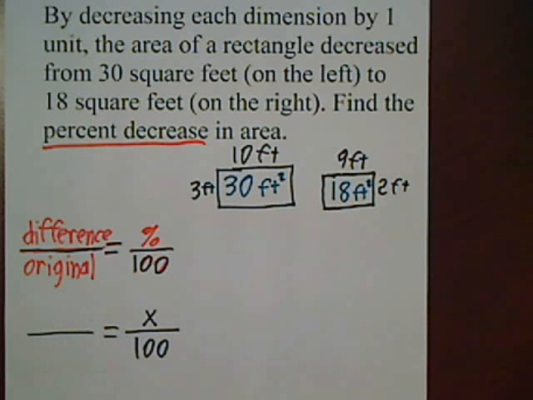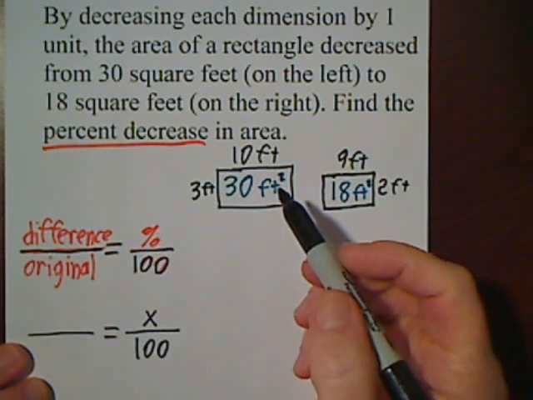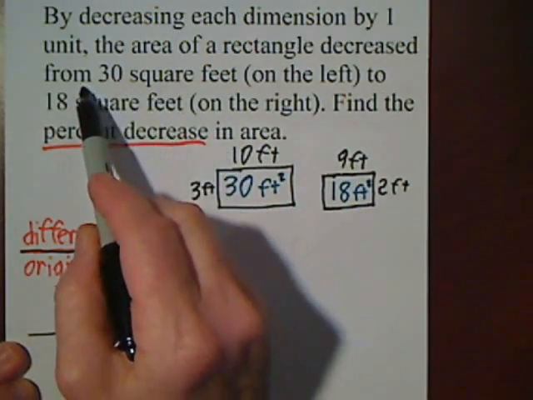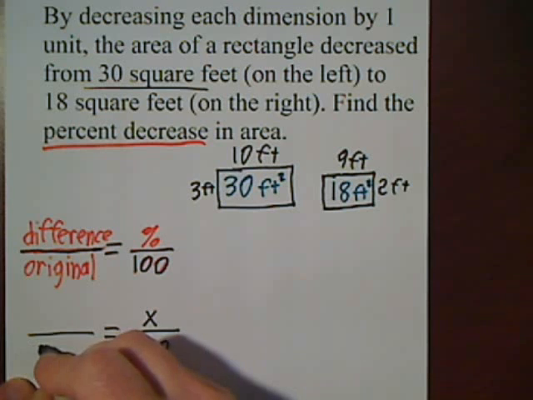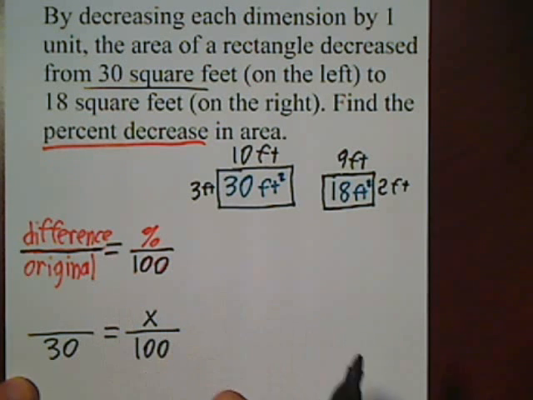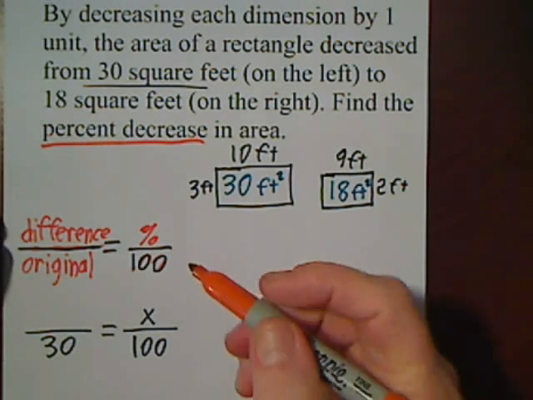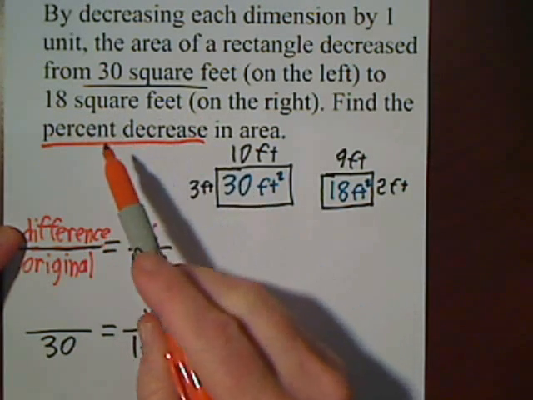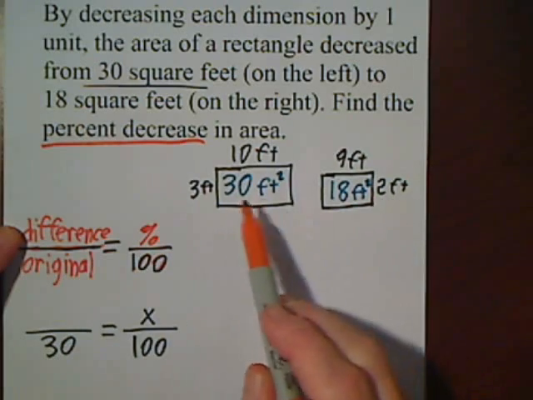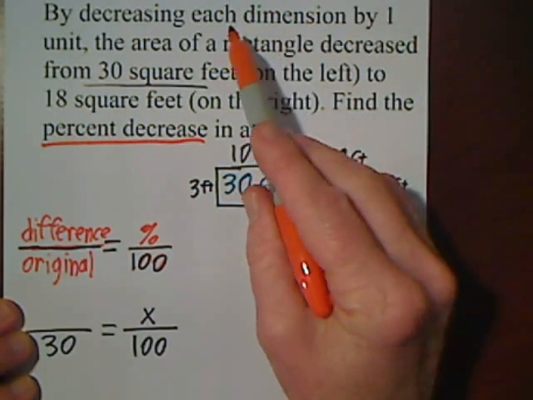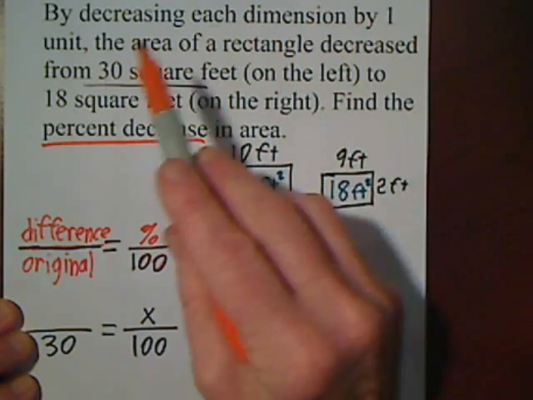And now for the original, let's see what they give us. It decreased from 30 square feet. So here's our 30. The difference: sometimes they'll give you the difference and sometimes you'll have to calculate it. So these are our two rectangles. What they're saying here, decreasing each dimension by 1 unit.